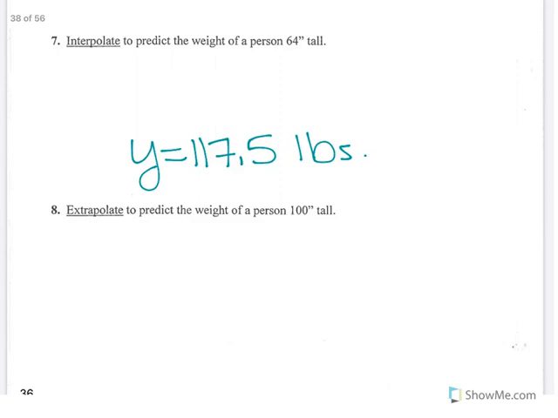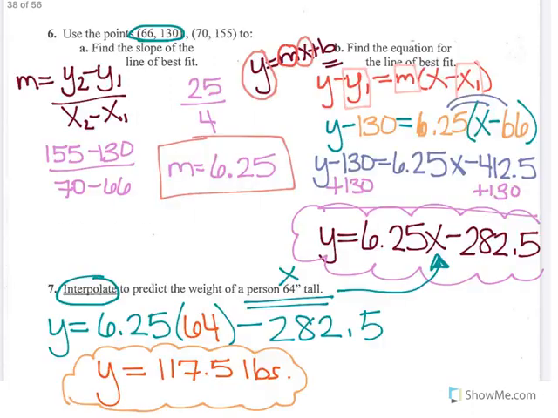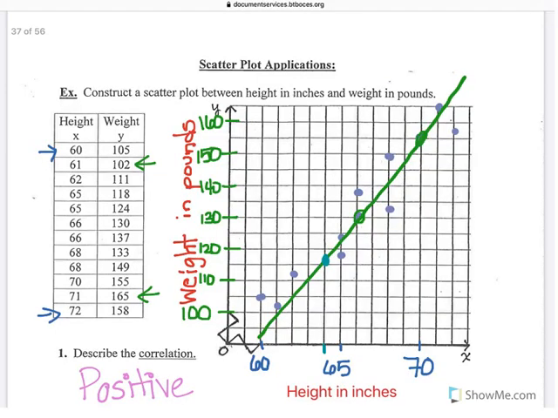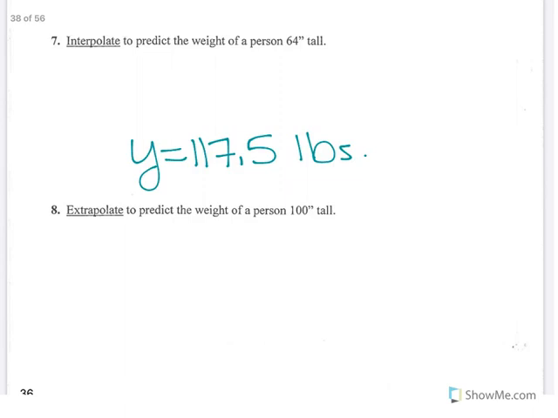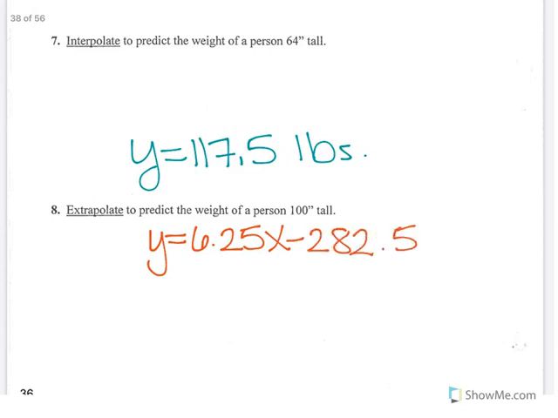So, question 8 is asking us to extrapolate, which means that this data is outside our typical range of data that we saw on our graph. So if we look, a height of 100 inches is not on our graph. So if we need to predict this by using our equation, remember our equation was y equals 6.25x minus 282.5, we are going to replace the x with 100 inches.